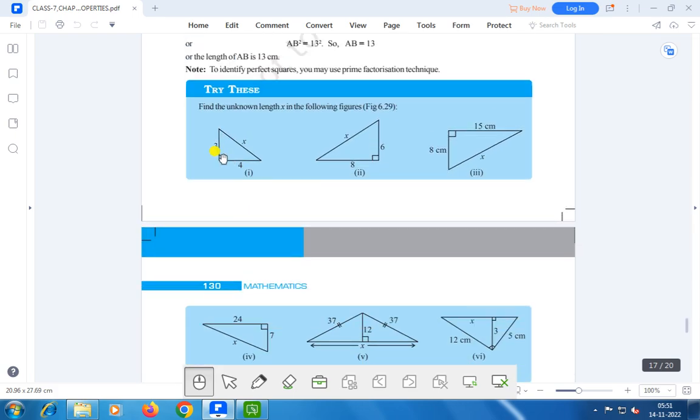Here also you can find the various values by using Pythagoras property, right? Here this is 3, this is 4, and this is the hypotenuse. Since this is 90 degree, you can write according to Pythagoras theorem that x square is equal to 3 square plus 4 square. Here also x square is equal to 6 square plus 8 square. Here x square is equal to 15 square plus 8 square.